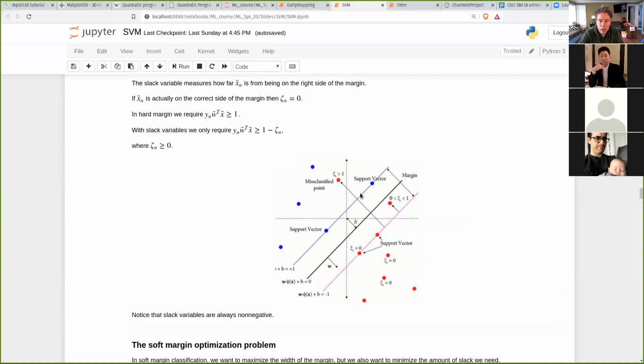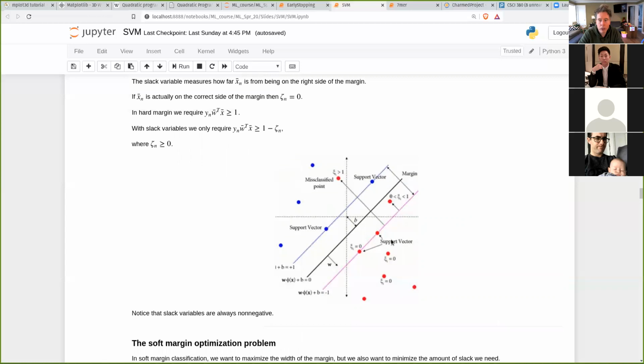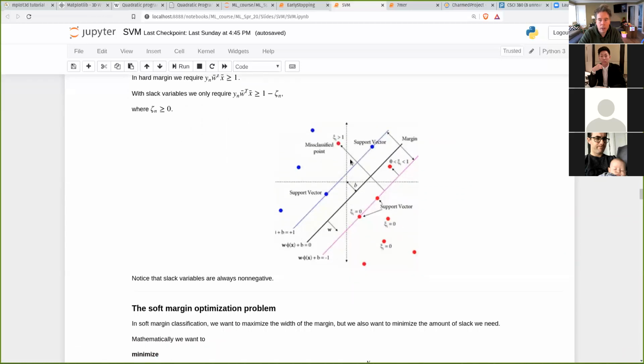The answer is these little squiggles. These are the Greek letter zeta. These are called slack variables. And here's another thing that was a problem for me when I first studied support vector machines. There is one slack variable for every training point. My brain didn't want to accept that, but it's true. Every training point has its own slack variable.